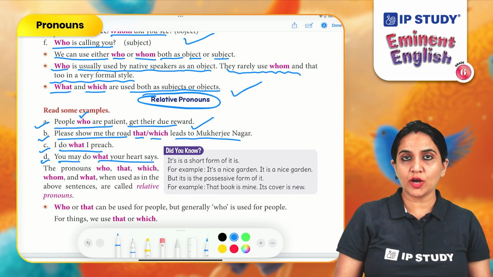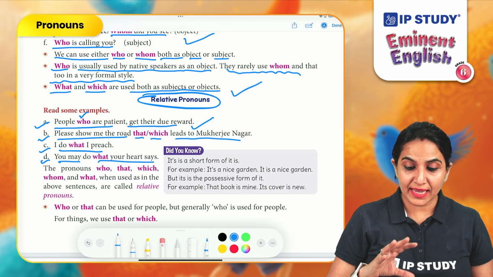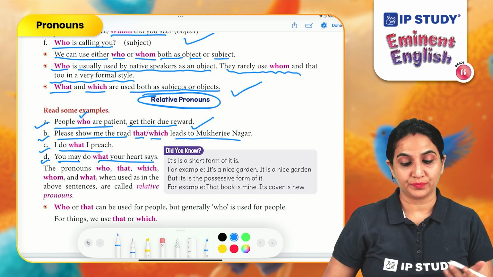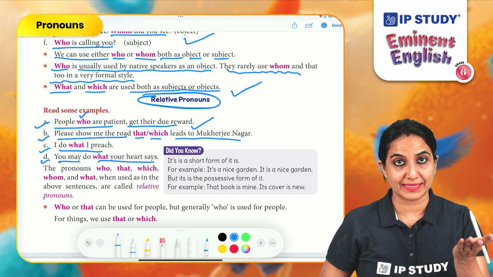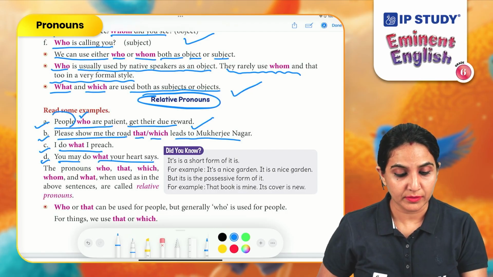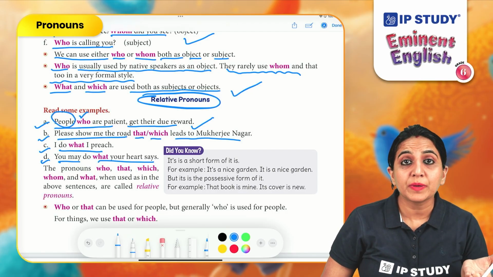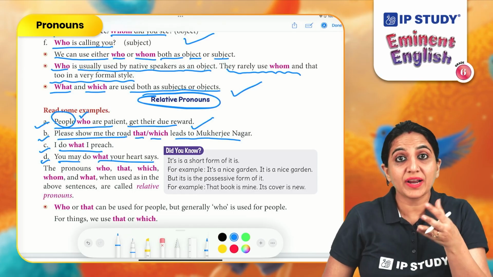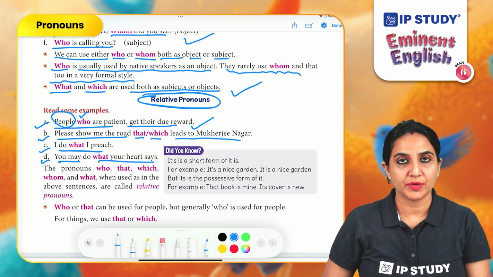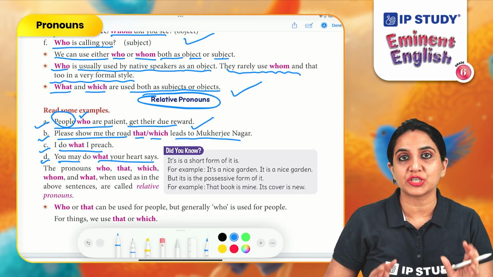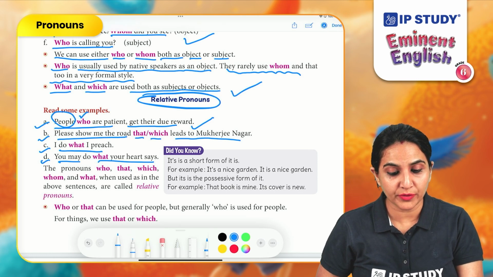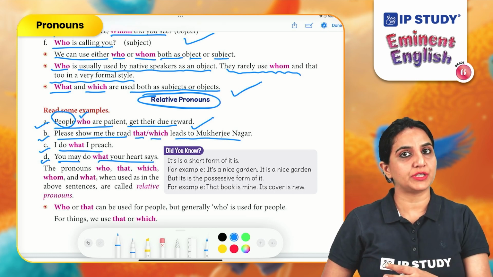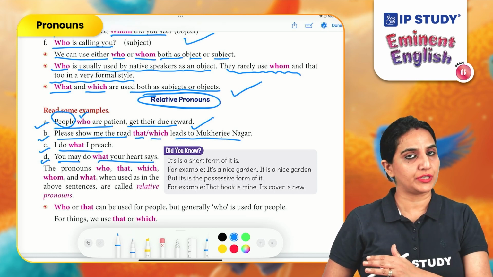Now, if you clearly observe these sentences, they are showing us the relation with the subjects and objects. Like people, we're talking about people. Which people? Who are patient. What happens to them? Get their due reward. So we are trying to establish a relationship. People show me the road which leads to Mukherjee Nagar or that leads to Mukherjee Nagar.